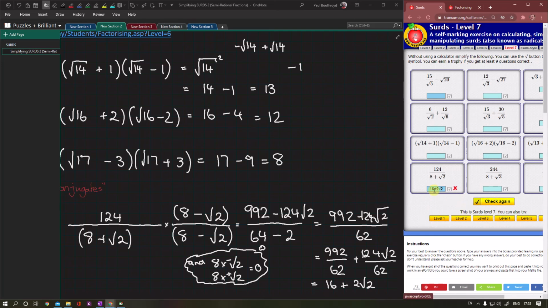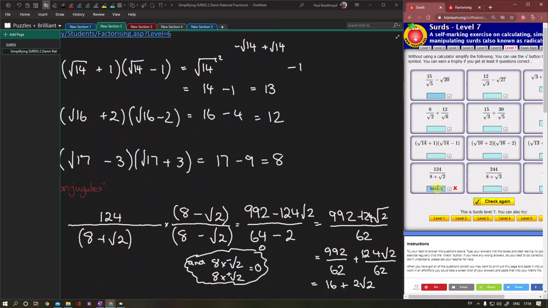Check it. What have they done to theirs then? Might be they've just got things the other way around. I do have a quick way to check this. 8 plus square root of 2.